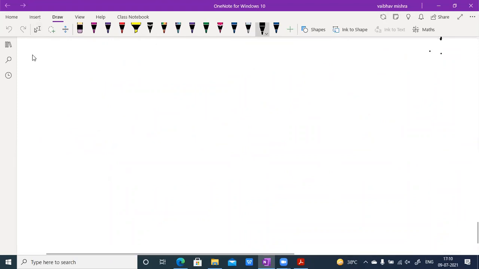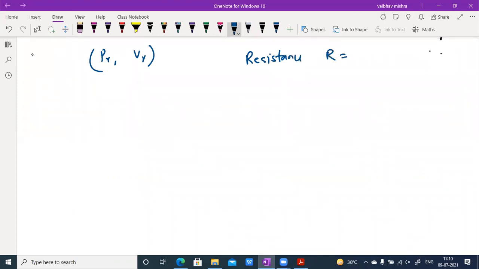From the rated voltage and rated power, we calculate the resistance. R is equal to VR square upon PR. और दूसरी वैल्यू हमें मिलती थी यहाँ से मैक्सिमम करंट और रेटेड करंट. IR is PR by VR.